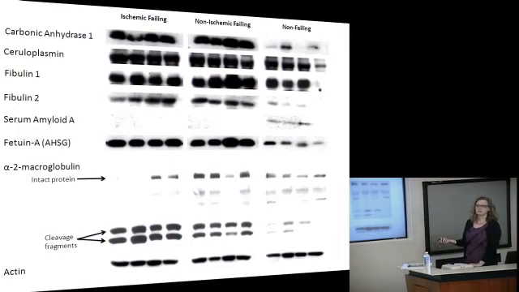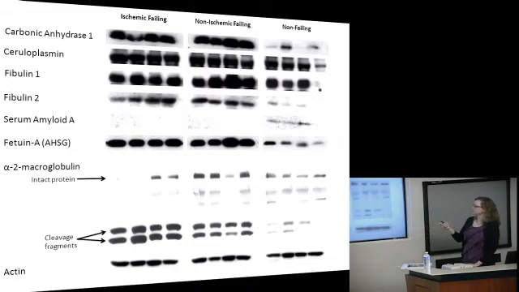some validation studies. And these are showing examples of Western blot studies that we did, looking at ischemic failing hearts, the non-ischemic and the non-failing, and using antibodies to different proteins that we identified in our proteomics analysis. We're able to validate our proteomics findings.